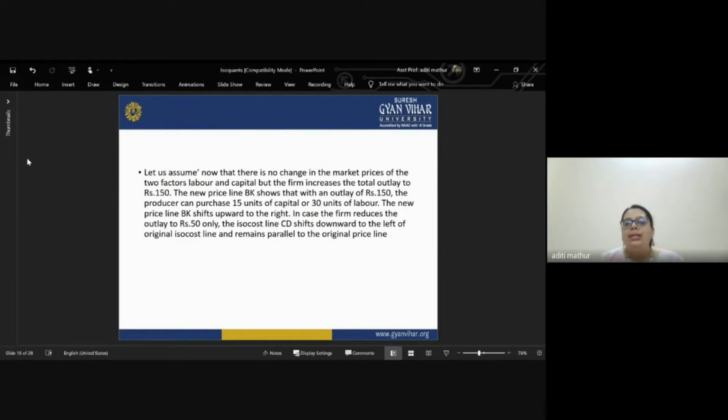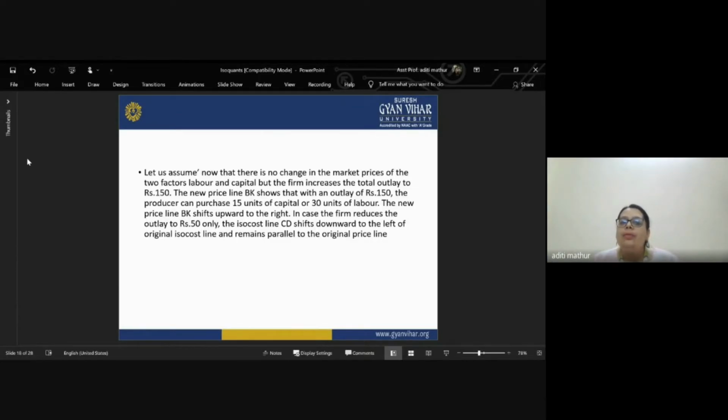Now let us assume that there is no change in the market prices of the two factors, labor and capital, but the firm increases the total outlay to 150. So before we had a total expense or total outlay of 100, but now we are going to have 150. The new price line BK shows the outlay of 150.